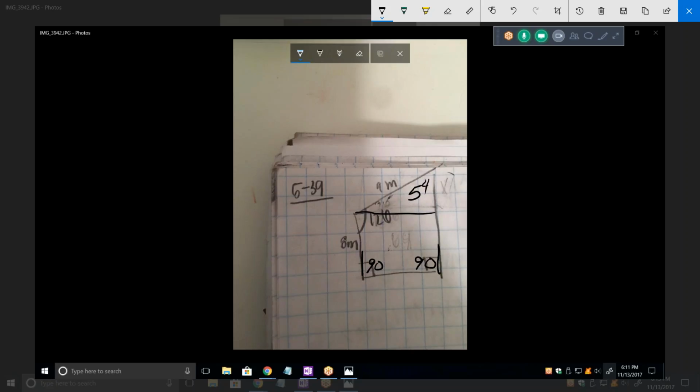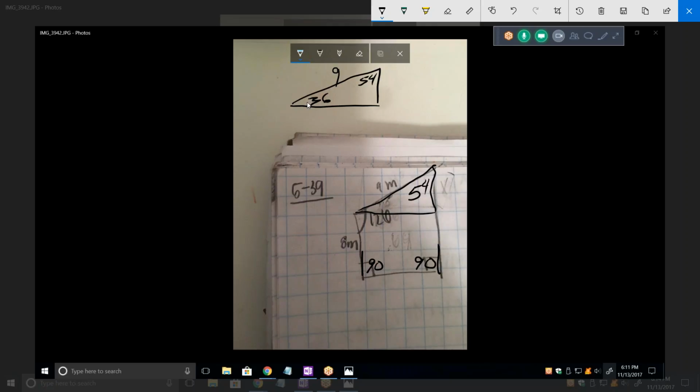If I look at just this triangle right here, let me draw that separate. Sometimes it's easier to see stuff when you look at it separately. What's this angle, the acute angle that I'm pointing at right here? 36. Okay. That's 54.